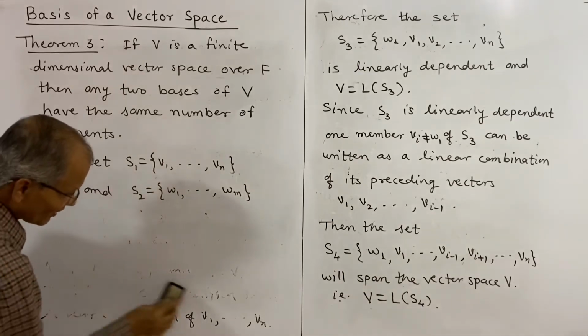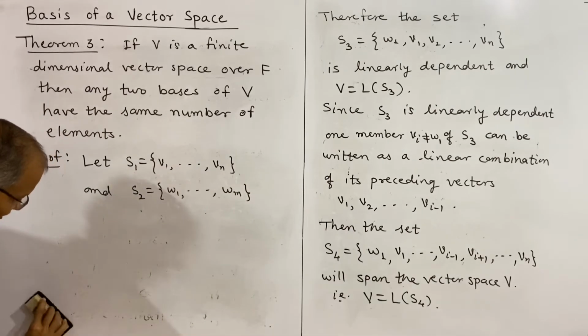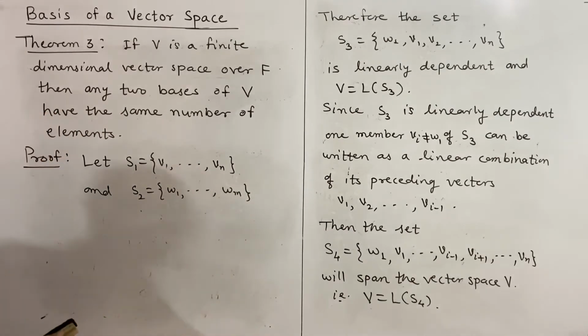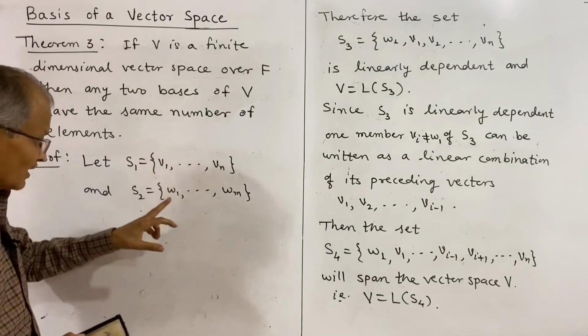Earlier we considered W1 and formed S4. See the procedure. What we have considered is S1, V is a linear span of S1, and then W1 is considered.